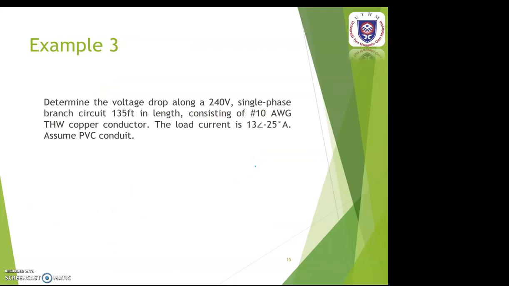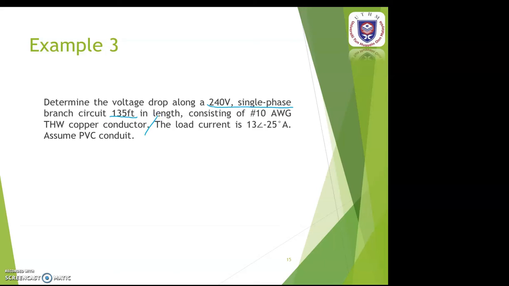So this is the example. Let's look at example 3. Determine the voltage drop along a 240 volt single phase branch circuit, 135 feet in length, consisting of 10 AWG, American wire gauge, which is the standard method denoting the wire diameter, and THW, which is thermoplastic heat and water resistant insulated copper conductor.